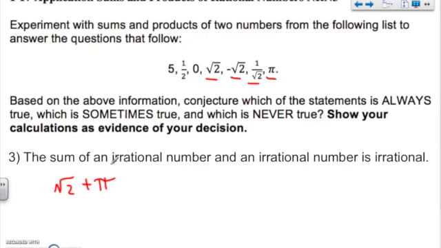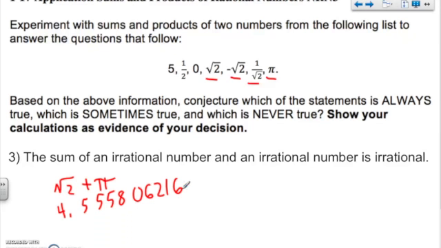But when you do the square root of 2 plus pi, you're going to see that the answer comes out to be something like this: 4.5558062, and then my calculator rounds it off. It might be a little bit different depending on how many decimal places your calculator rounds out to.